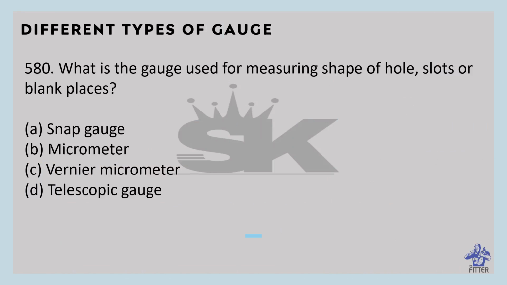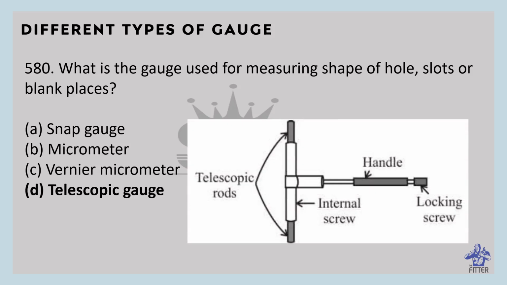What is the gauge used for measuring the shape of holes, slots, or blank spaces? That is the telescopic gauge. It is an indirect measuring device used to measure the internal diameter of a bore, hole, groove, slots, etc. This T-shaped tool consists of a handle, two telescopic rods, and a locking screw.